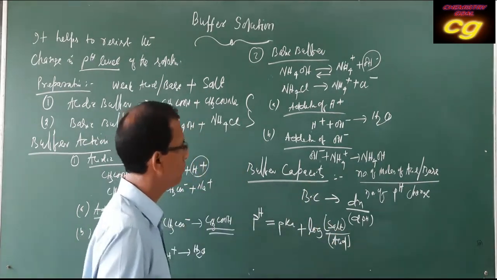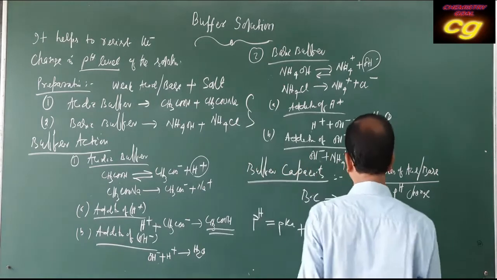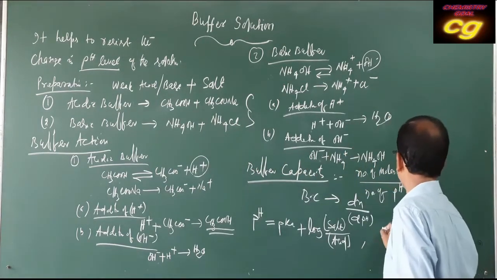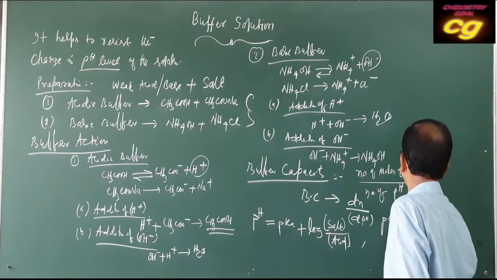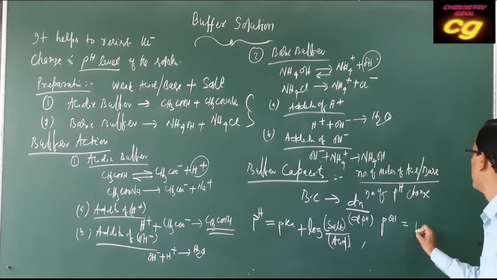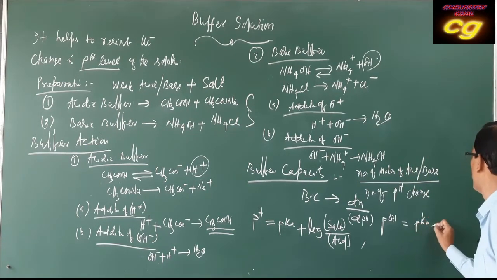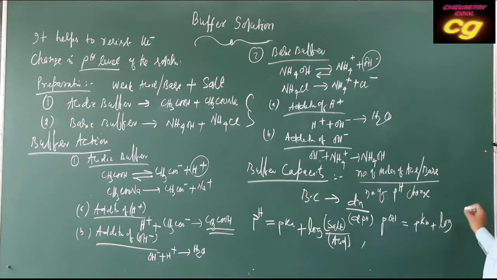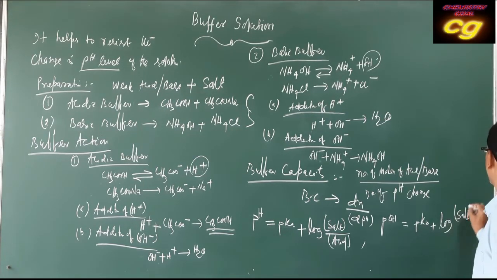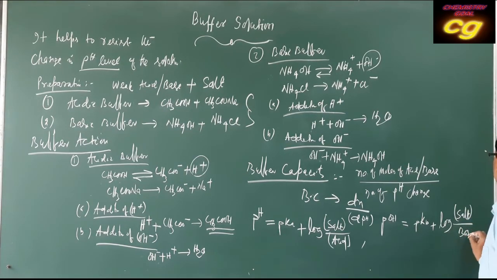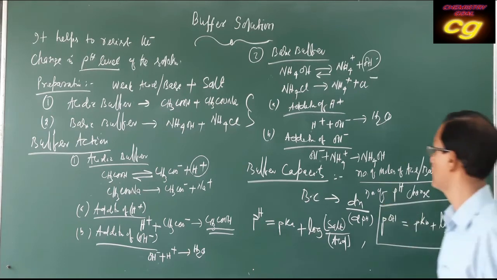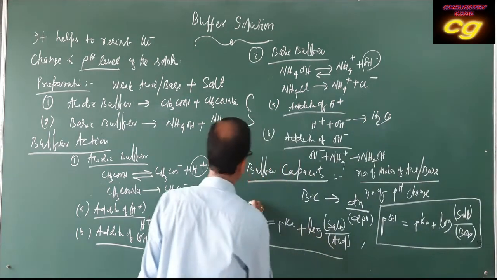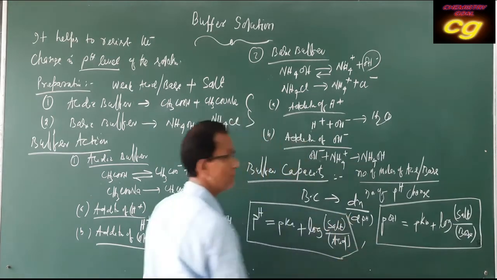But for a basic buffer, pOH is equal to pKb plus log salt to base. This is called the basic buffer, and this formula is for the acidic buffer.